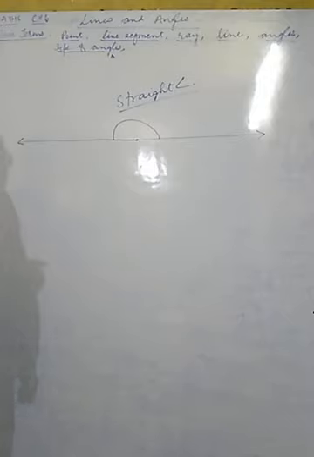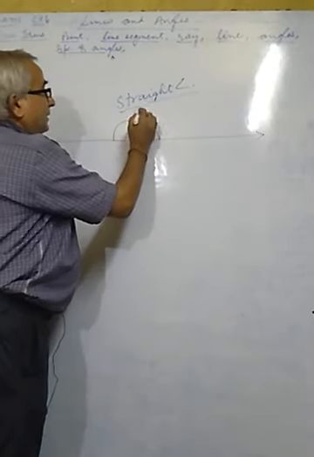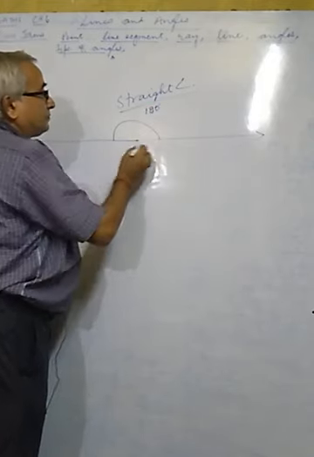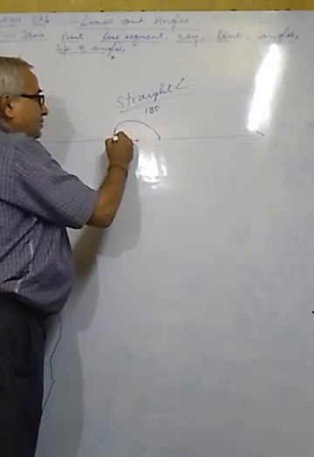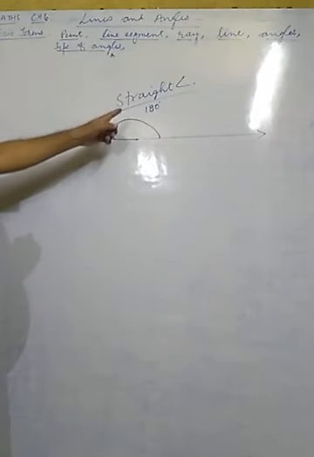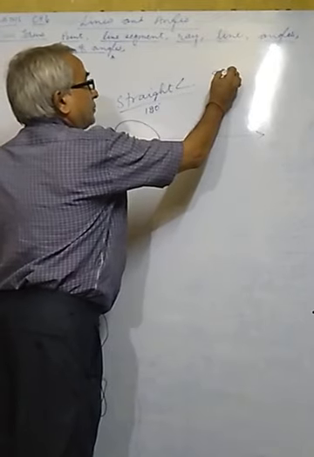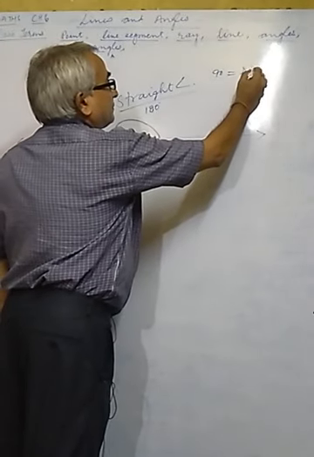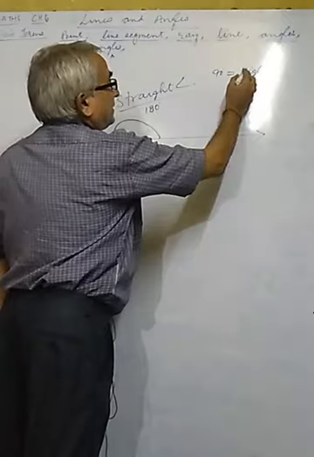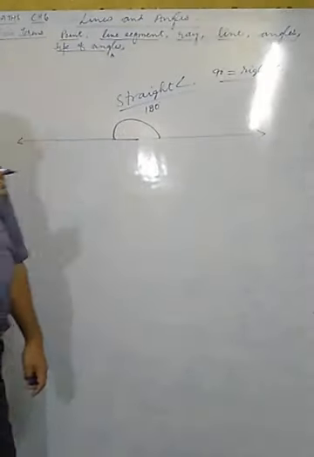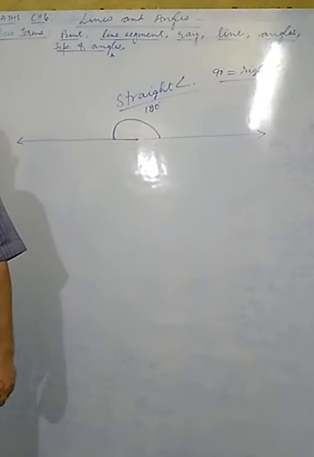So what value of straight angle is there? It is 180 degrees. The total measurement of this angle is 180 degrees. When it was 90 degrees, it was called a right angle. When the magnitude of this curvature is 180 degrees, it will be called a straight angle.